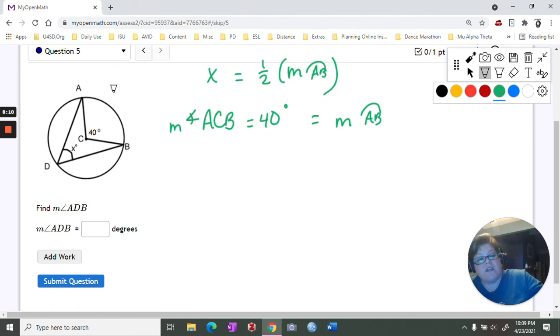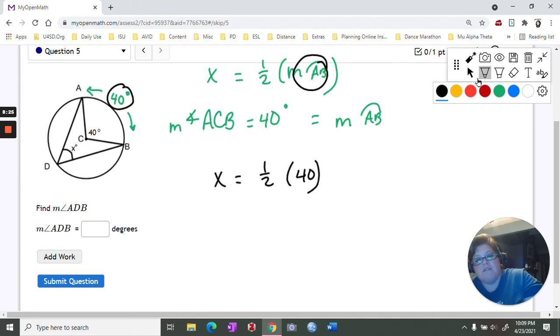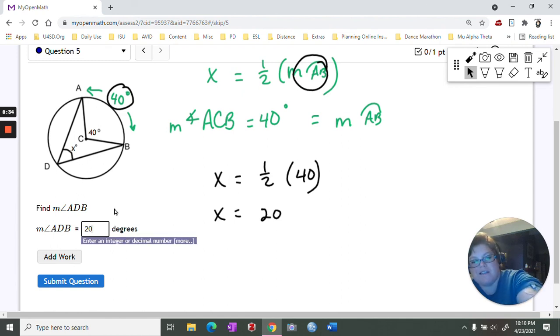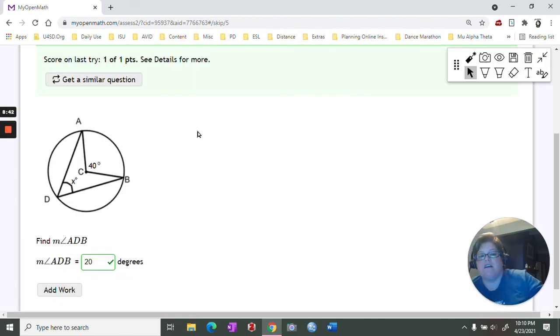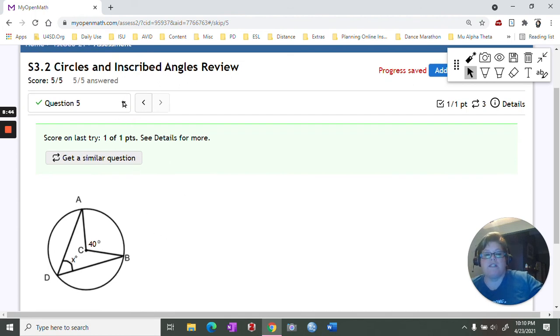So if this is 40, this is 40. I'm going to take that 40 and replace this with it. So x equals half of 40, or 20. So the measure of angle ADB is x, and that is 20. That question, I think a lot of people struggled with, and that was the last one.